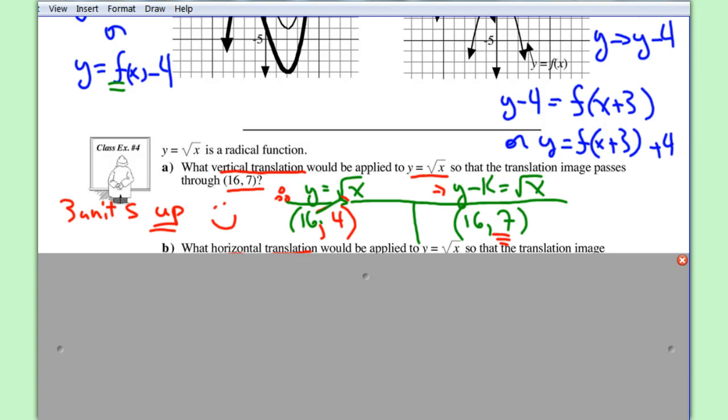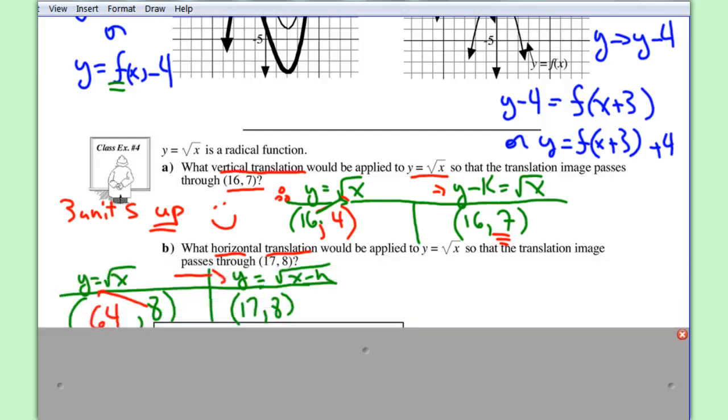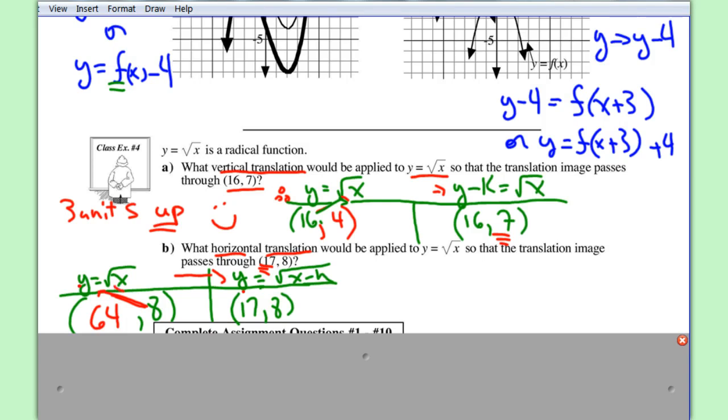In the second question, what horizontal translation would be applied to y equals square root x so that the translated image would go through 17, 8? Okay, well, let's see. Normally, if you put 8 in for y, what value of x should there normally be?